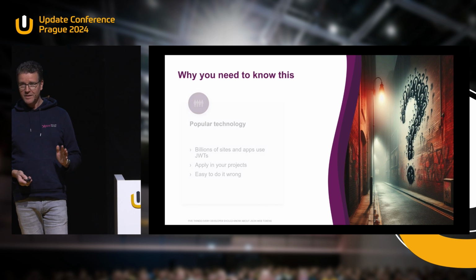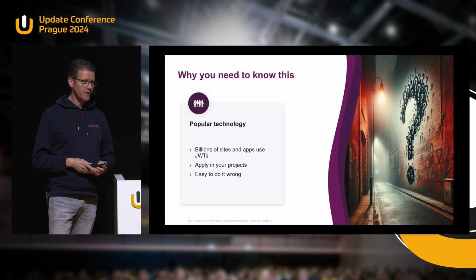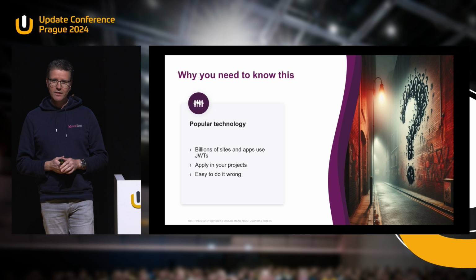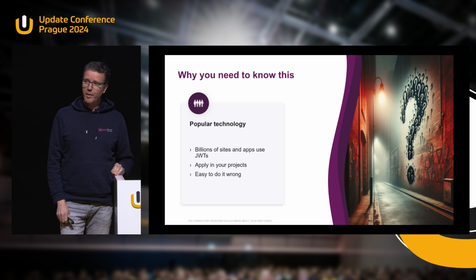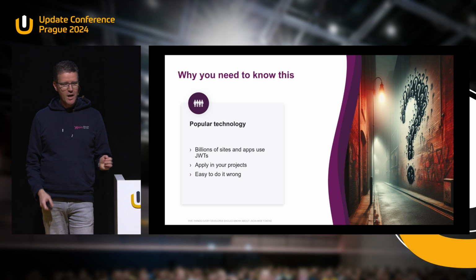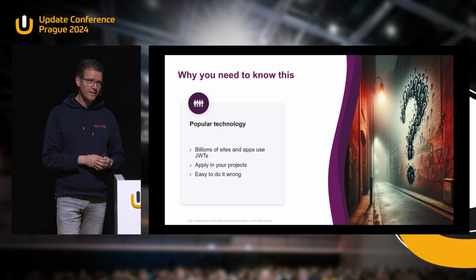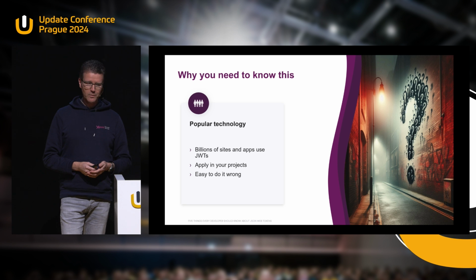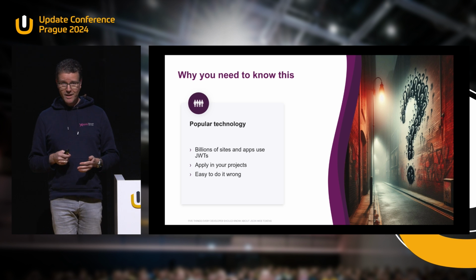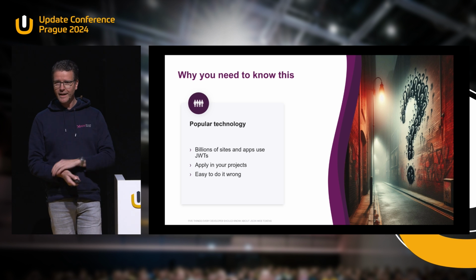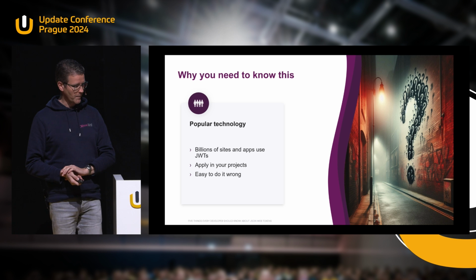Start with why. So why do I believe that you need to know this? First and foremost, JWT tokens are a really popular technology. There's literally billions and billions of sites and tools and apps on the planet that use JWT for access control. So the chances are quite good that you will encounter JWTs in your work as well.